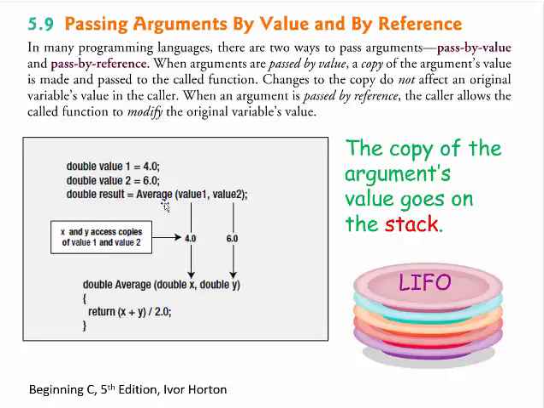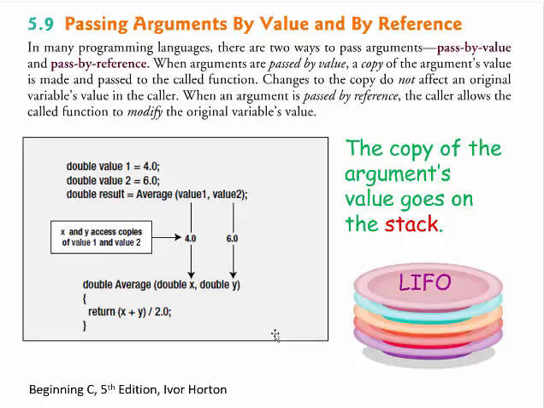So when I call average, what actually happens is that a copy of value 1 and a copy of value 2 are actually placed in a special place in memory called the stack. And so a copy of value 1 and a copy of value 2 is placed on the stack, and then the function, when it's doing its thing, has access to the numbers that are on the stack, and it does its calculation and it returns its value back.